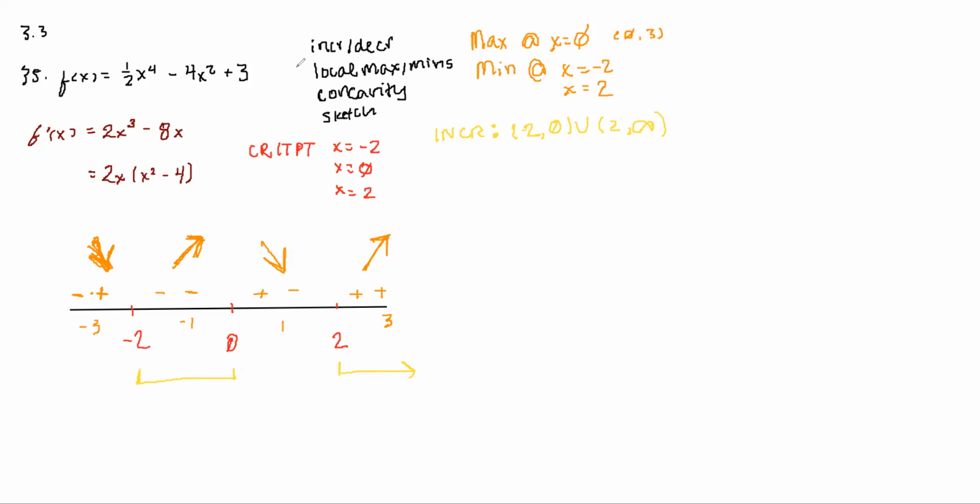Okay, now what about decreasing? You can do this in a different color. Do it in green. Yes, so I'm going to be decreasing from negative infinity to -2, so this area here, and then between 0 and 2.